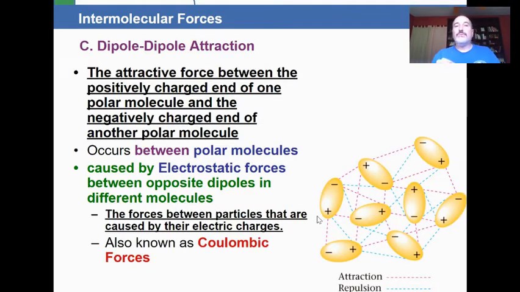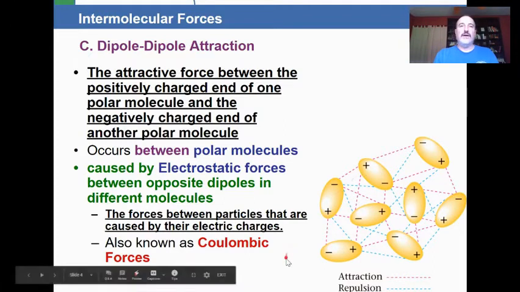It's also known as Coulombic forces. And there's a law called Coulomb's law that basically states that the stronger the charges, the stronger the force. Duh. And also the closer they are, the stronger the force. But that's what that is, okay? So the negative of one molecule is going to be attracted to the positive of another.